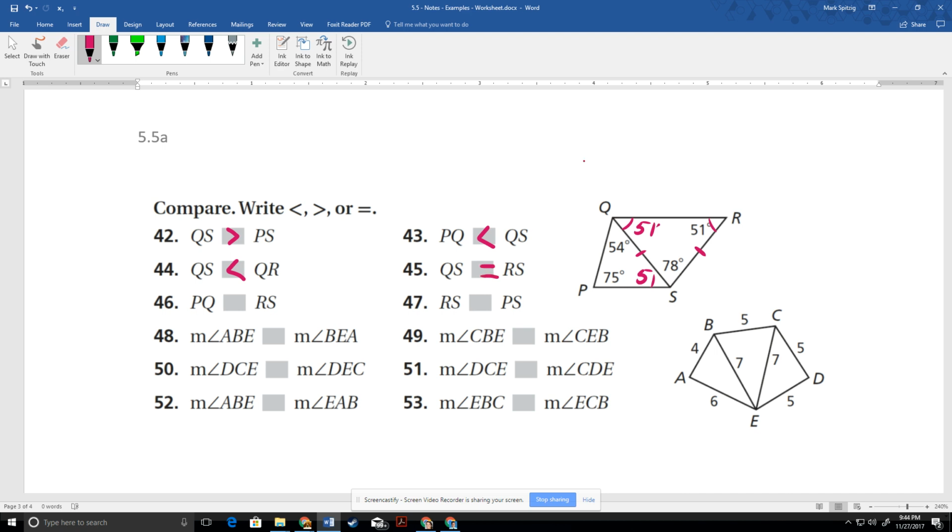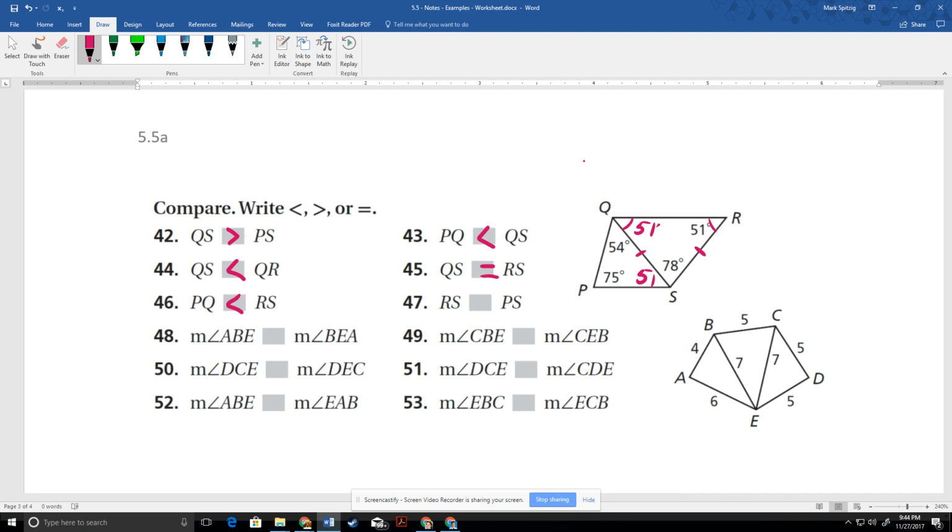PQ and RS. Okay, so this is tricky because what we have to look at is because RS and QS are the same, I'm just going to compare PQ to QS, right? So I know that PQ has to be less than RS because QS and RS are the same thing.